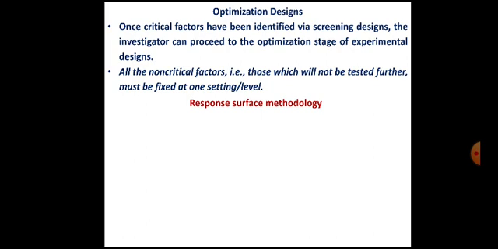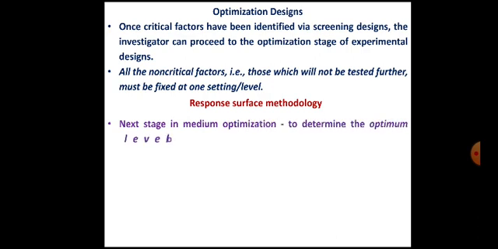So after Plackett and Burman's design, the next step is response surface methodology. Using this methodology, we will identify and fix the exact concentration of critical variables required for the production of the highest response.